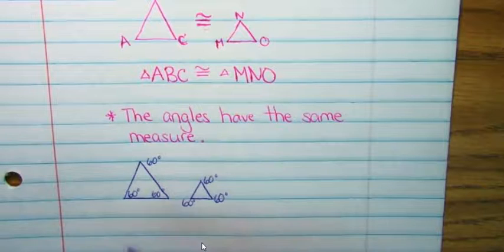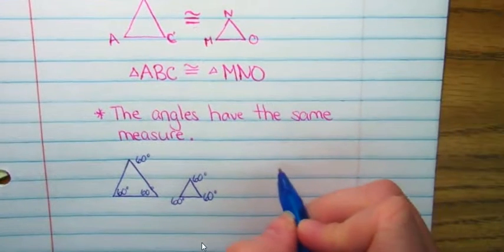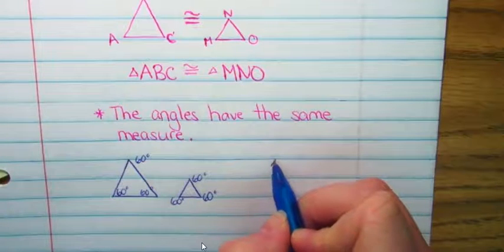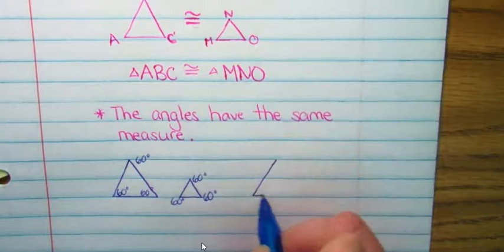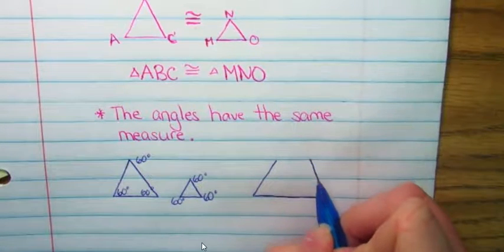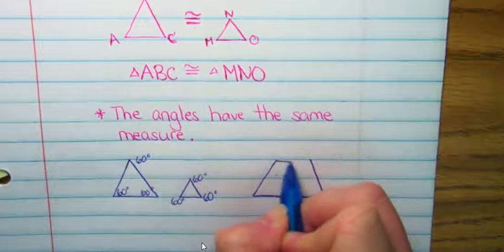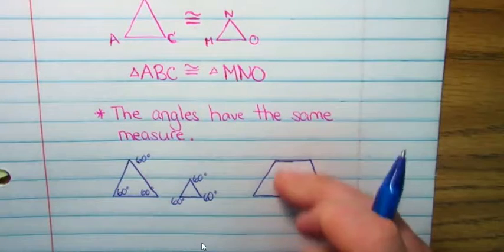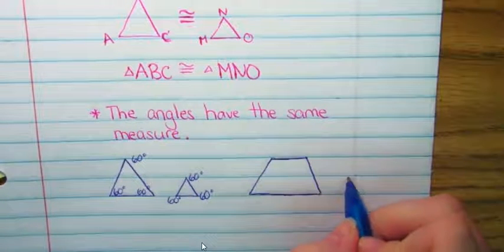Another way of showing it is not having the numbers, but using a symbol. So over here, I'm going to draw 2 trapezoids. If you don't remember a trapezoid from 6th grade, it is a 4-sided figure that has one pair of parallel sides. The top and the bottom on this particular one are parallel.